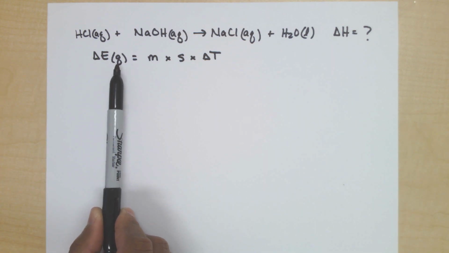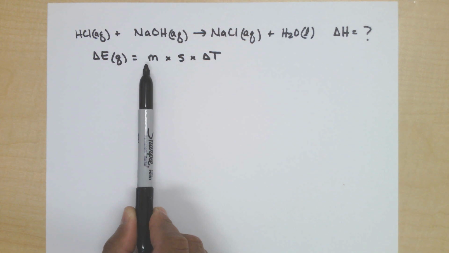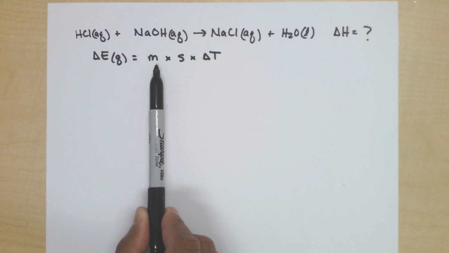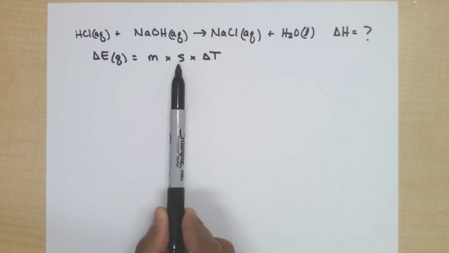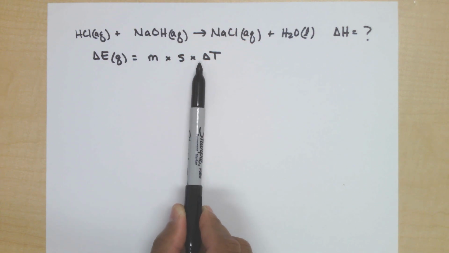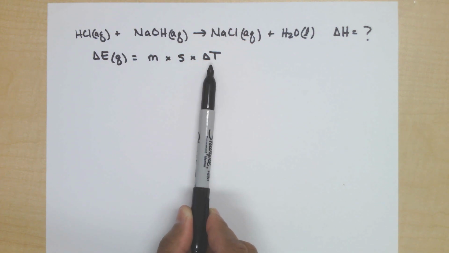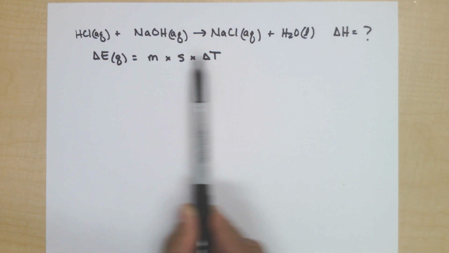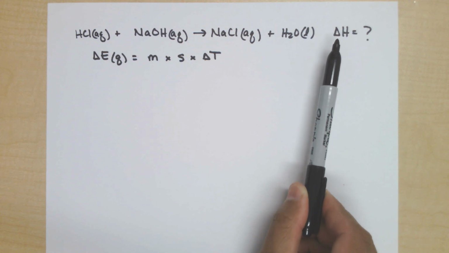Delta E, or Q as heat, is equal to the total mass of the mixture, or solution, times the specific heat times the temperature change. Recall from thermochemistry that at constant pressure, the heat is the enthalpy.